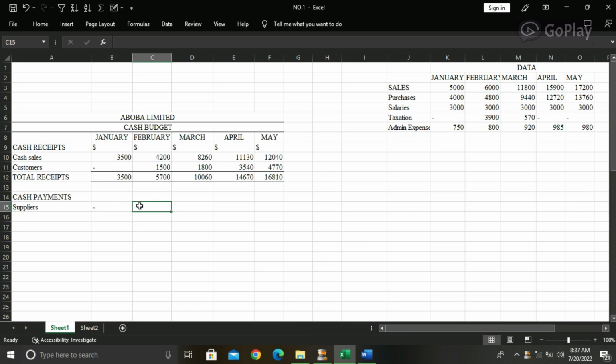Likewise, February too, we will not pay anything, because we are going to pay 2 months after the purchases. So now when we come to March, this 4,000 under January, we are going to pay for it in March. So March, the payment to our suppliers is 4,000. Likewise, for February, the purchases here will be paid for in April.